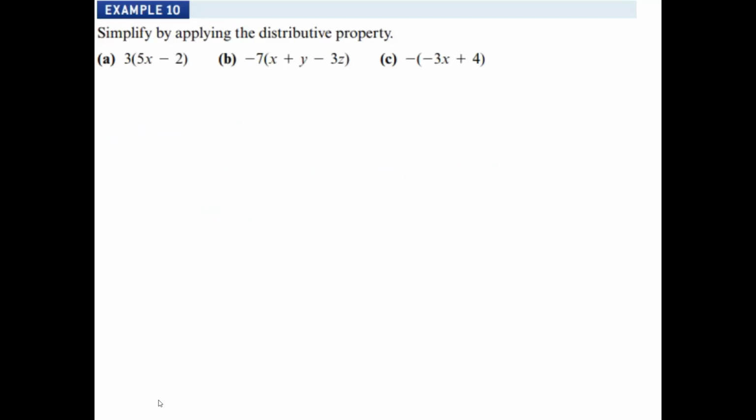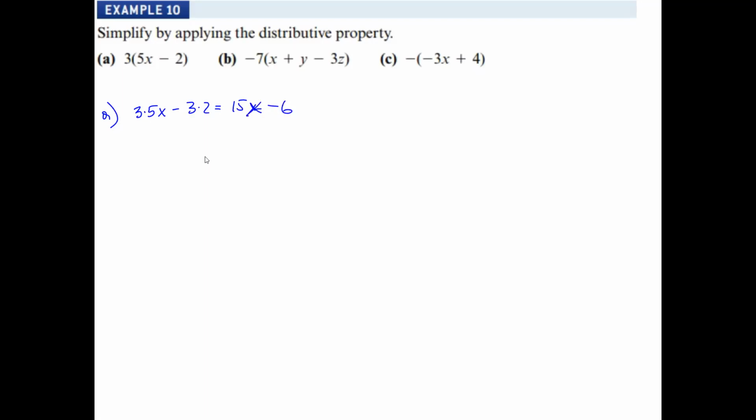Simplify by applying distributive property. So what is distributive property? When we open brackets, so 3 times 5x minus 3 times 2, that is 15x minus 6.